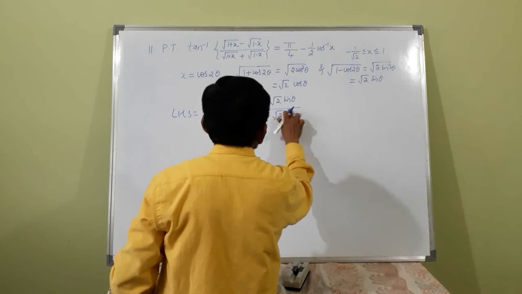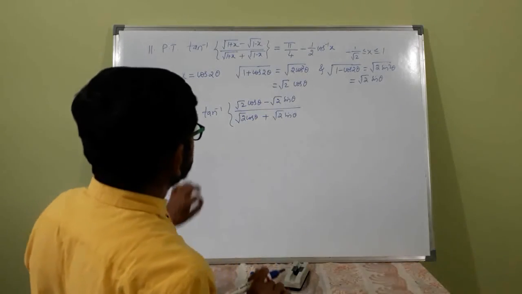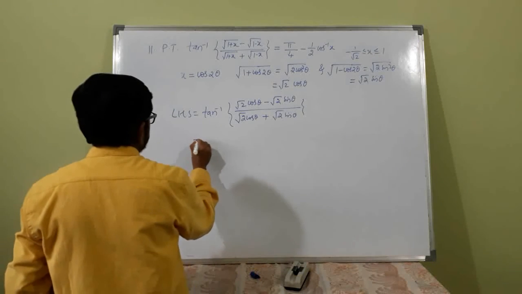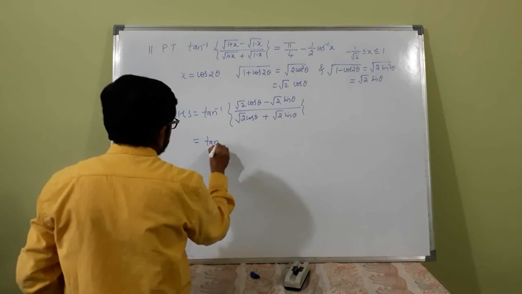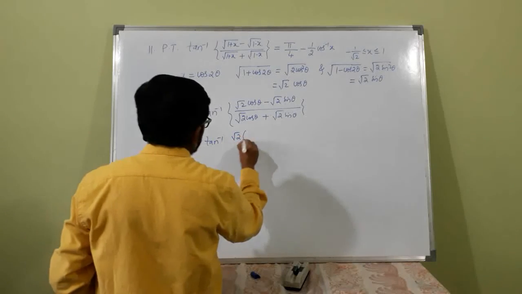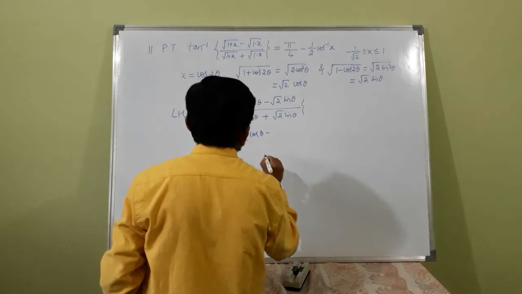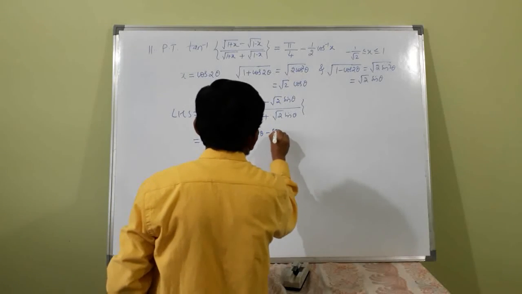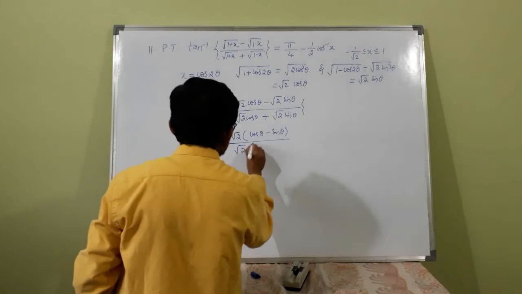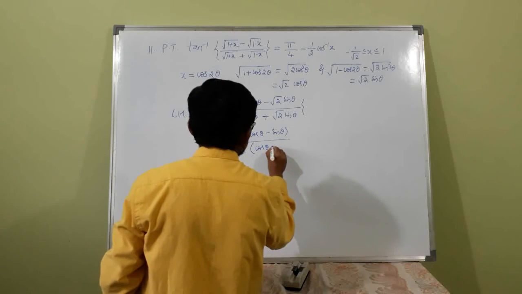So root is not for sin theta, root is not for cos theta, only root 2 it is. So if you take tan inverse of root 2 common, what remains? Cos theta minus sin theta divided by root 2 common here, cos theta plus sin theta.